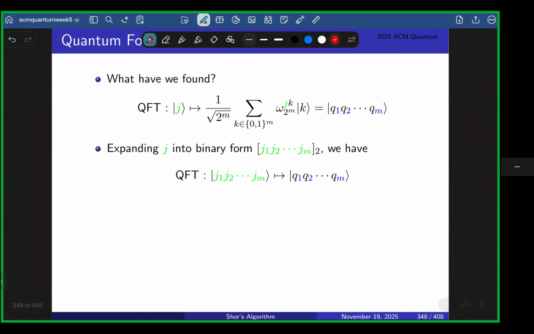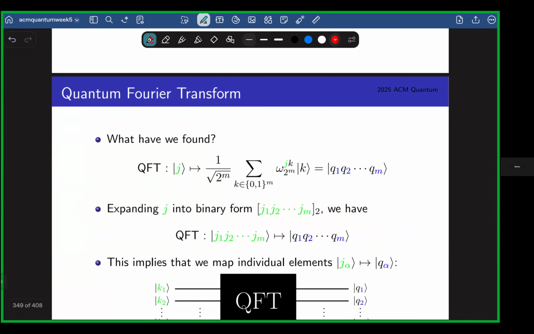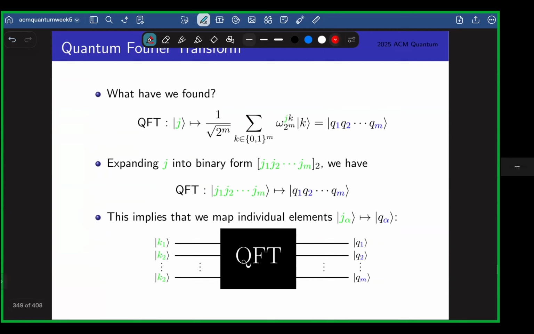Okay, so if we take this side of Q of t and expand into its binary form, remember that's just an m-bit binary number, and this is an m-qubit number. So if J1 to Jm maps to Q1 to Qm, then individual J alpha maps to Q alpha.